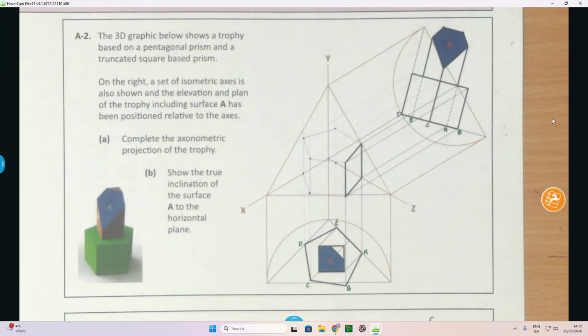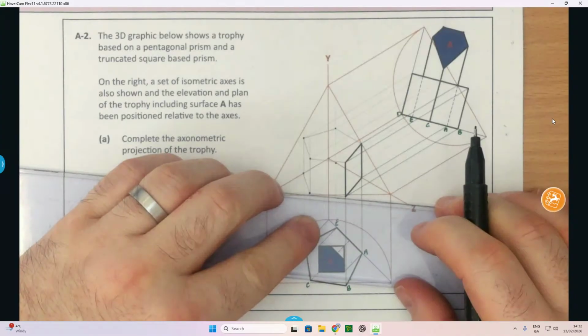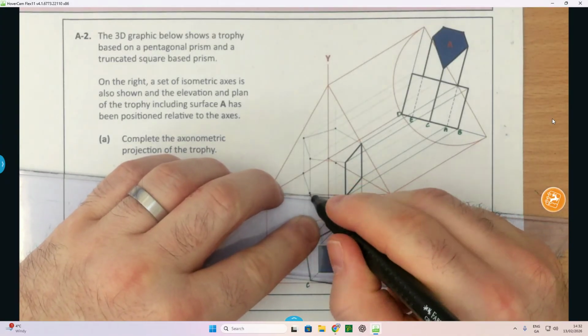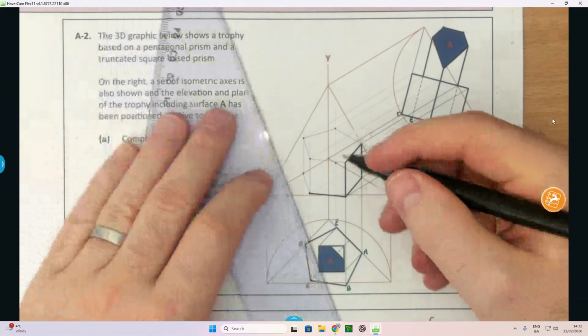Well, that's kind of the prism there. I'm not saying I see all of it, but I drew it in anyway. So it always does help me with the visualization.